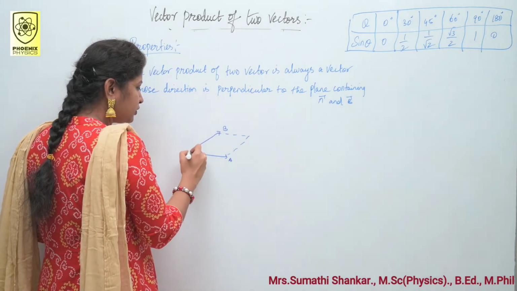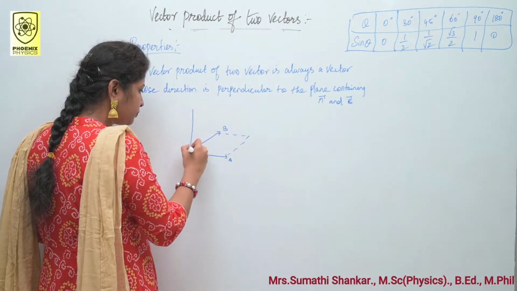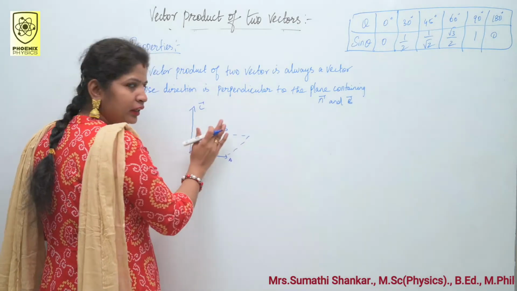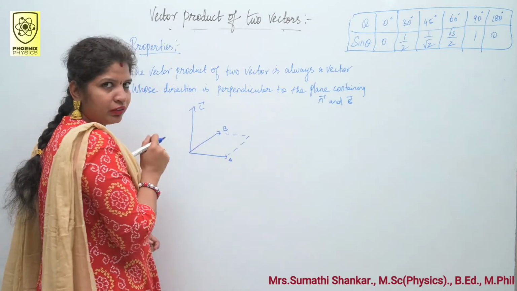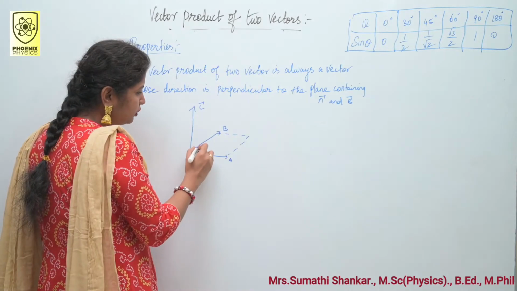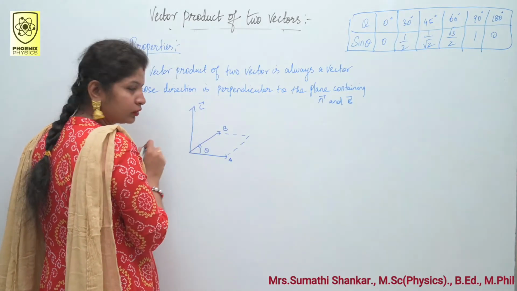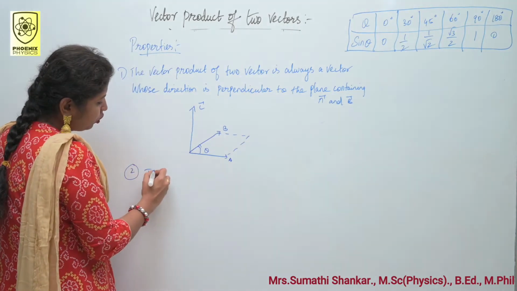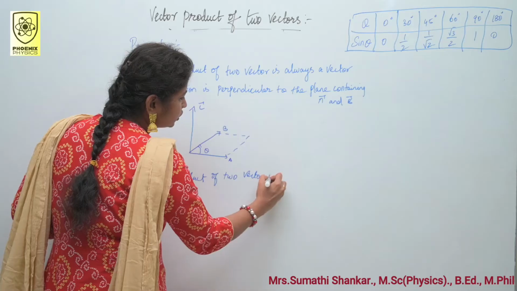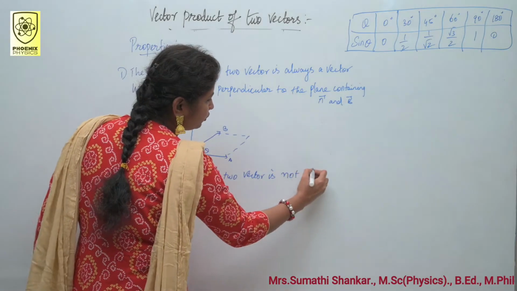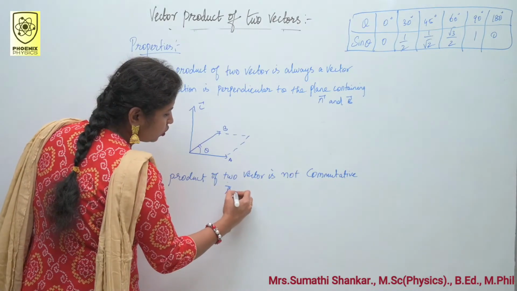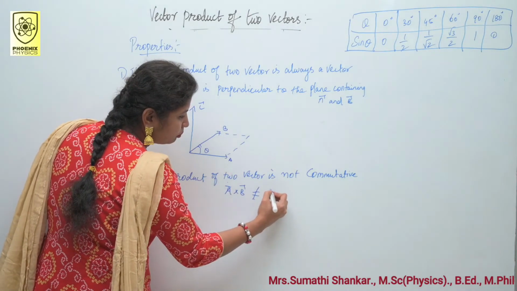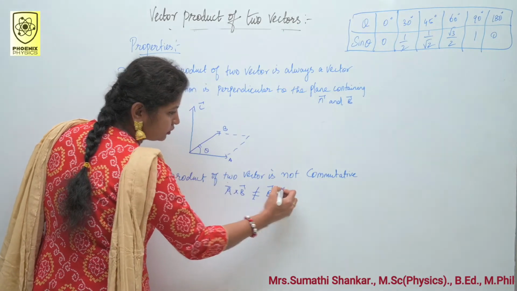The C vector direction is perpendicular to the plane containing A vector and B vector. This is the meaning. The angle between the two vectors is theta. Up to this clear? Second point, the product of two vectors is not commutative. That is, A cross B is not equal to B cross A.